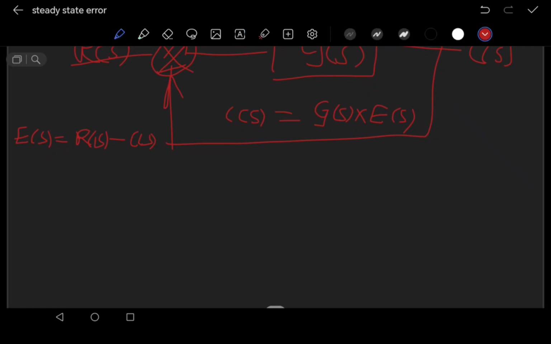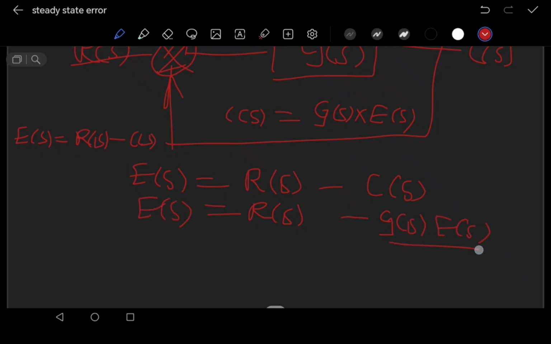Right? Now we're going to say e of s is equal to r of s minus c of s, and from there we are going to substitute for c of s, which is g of s e of s, right? And then we understand that we're going to take this to the left hand side. It's going to become plus g of s e of s is equal to r of s, right?